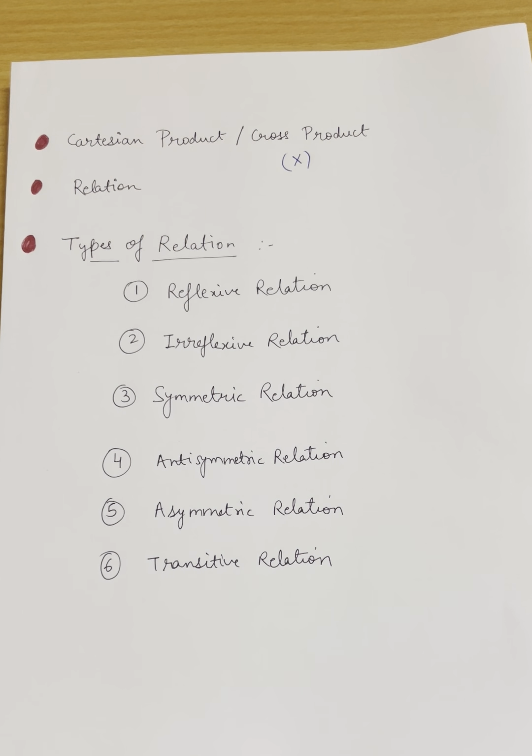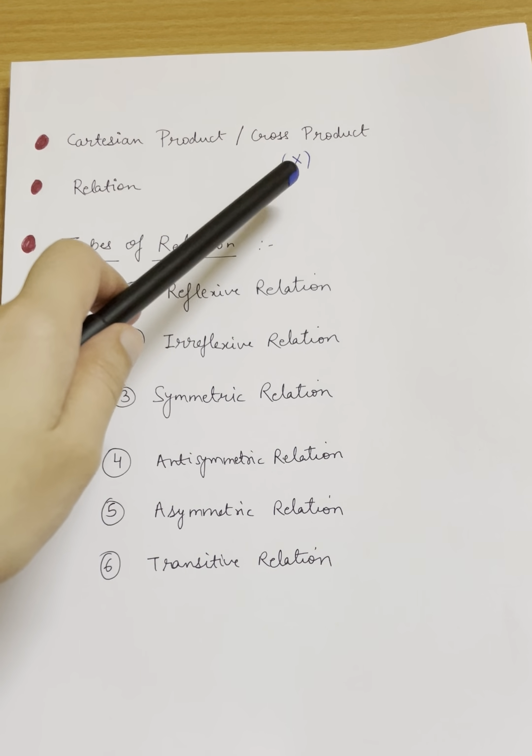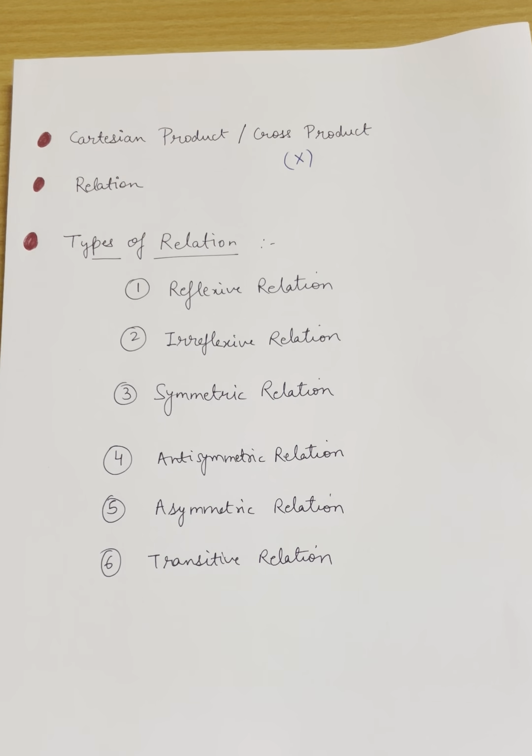So for Cartesian products we need at least two sets. In between two sets we use this symbol cross that represents the Cartesian product. And what is product? Product between two sets. So let's see with an example how to do a product between two sets.